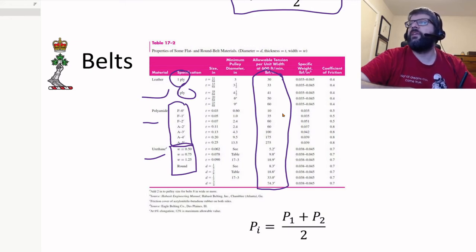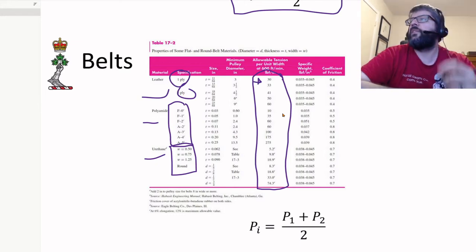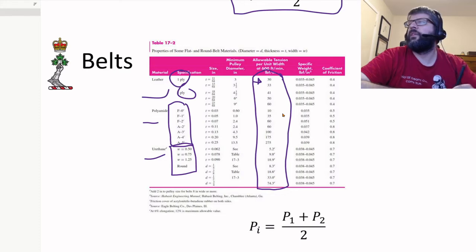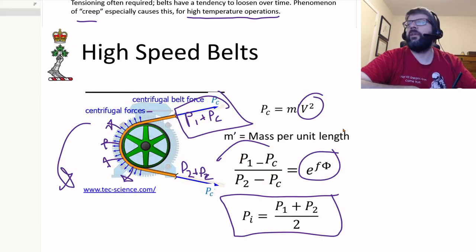So basically, we can make these things wider if we need to in order to increase the strength, and that'll come with a specific weight, given here in pounds per inch cubed. So per unit volume. Obviously, you need to multiply that by the cross-sectional area in order to get the mass per unit length that we talked about here.